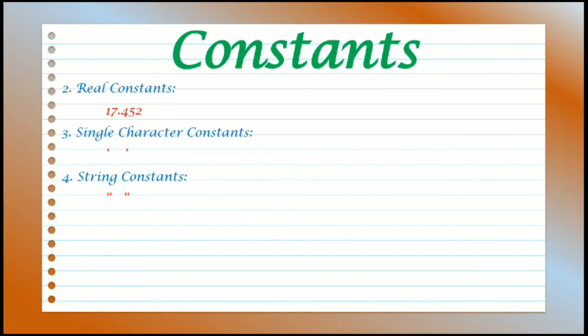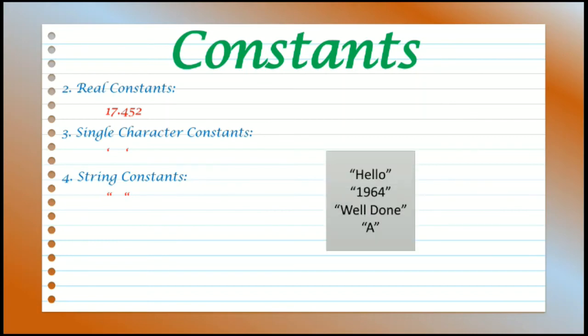The characters may be letters, numbers, special characters and blank space. For example, "hello", "1964", "well done", "A" are string constants.